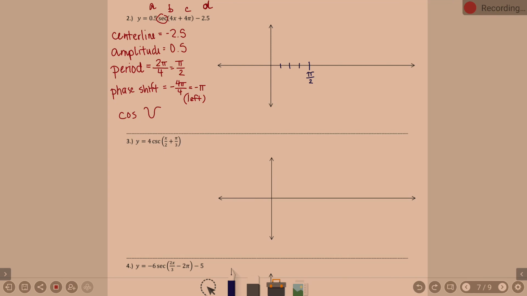Now, what is that? What's half of pi over 2? A fourth. So what I would label here is that I've got a tick mark, pi over 4, a tick mark, pi over 2. Now, technically those tick marks would be 8ths if you wanted to go there, but we don't have to. So that's where we're going to have 1 cycle.